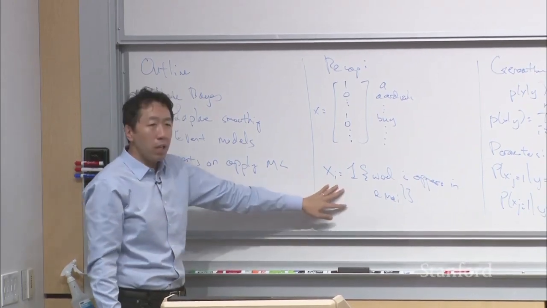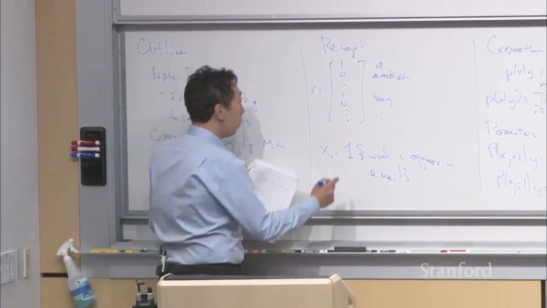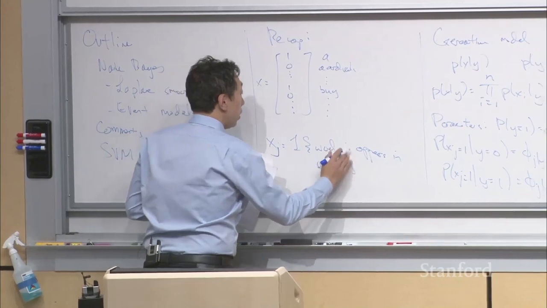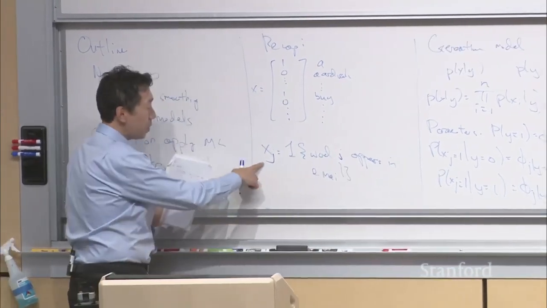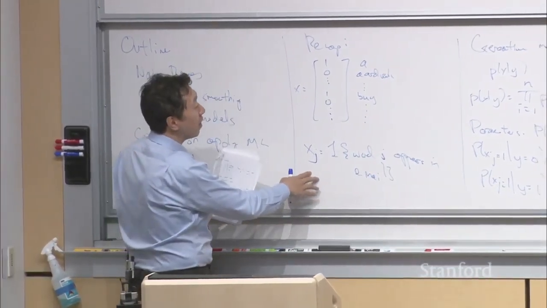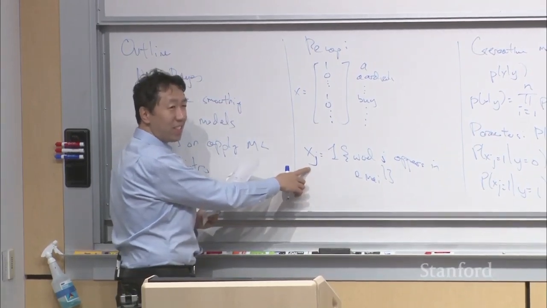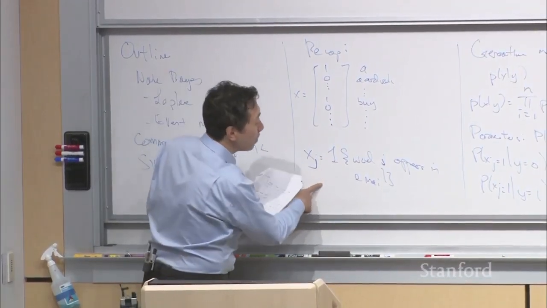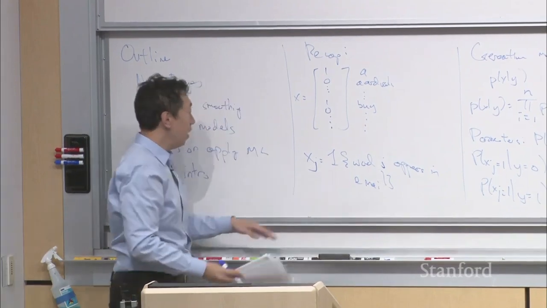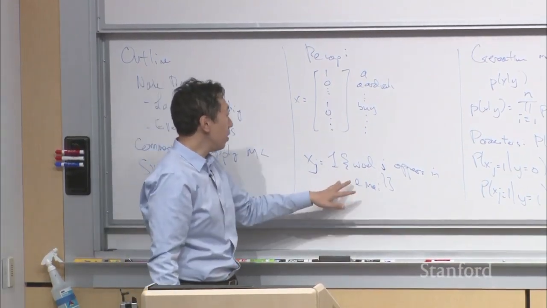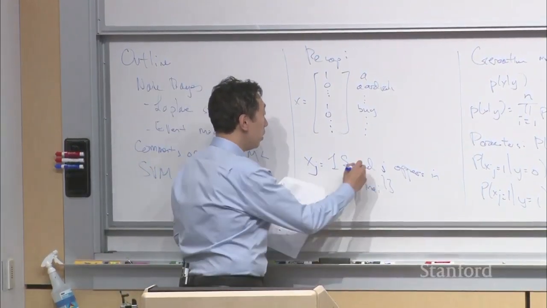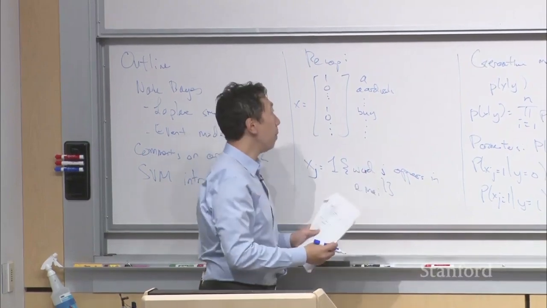So using the indicator function notation, I should use j, x subscript j, I've been trying to use a subscript j to denote the index of the features, and i to index training examples. I'm noticing I'm not very consistent in that. But x subscript j is the indicator for whether word j appears in an email.